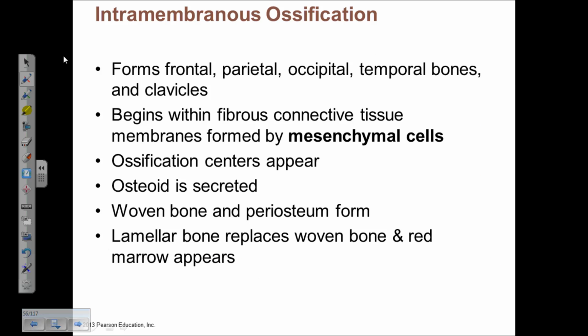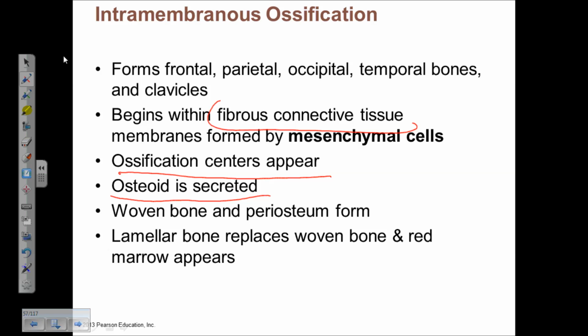What happens in the case of intramembranous ossification? The cranial bones, for instance. It will start with a membrane that consists of fibrous connective tissue. Okay, pretty much similar to how the endochondral bone grows. Ossification centers will appear in that membrane. And those ossification centers, osteoblasts, will secrete osteoid.